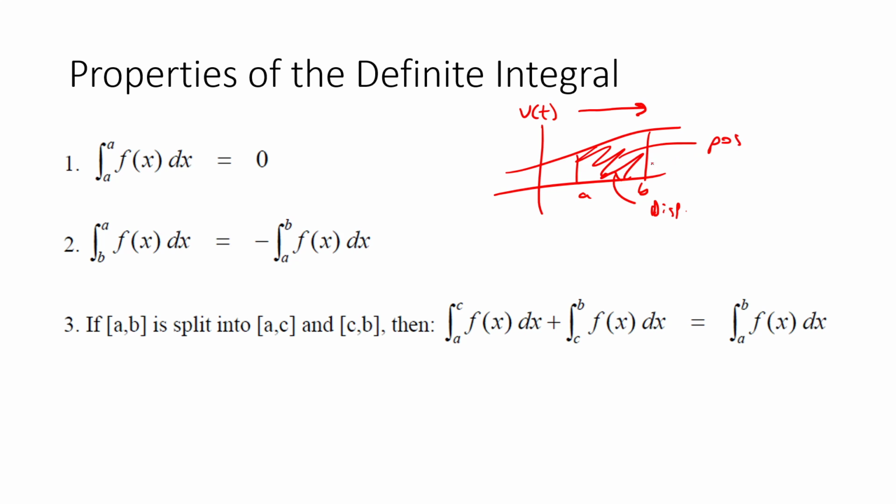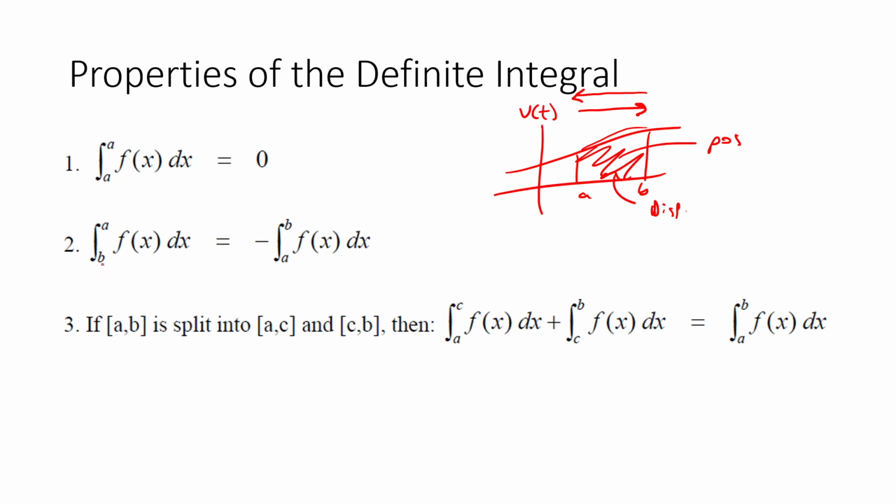The particle's moving to the right, so the displacement should be a positive number. But if you integrate backwards, you're sort of reversing time. You are playing the tape in reverse. You are playing time backwards. And so what happens now is you would be starting here and thinking about where you were at the beginning. You would be losing position. So it ends up being the opposite.